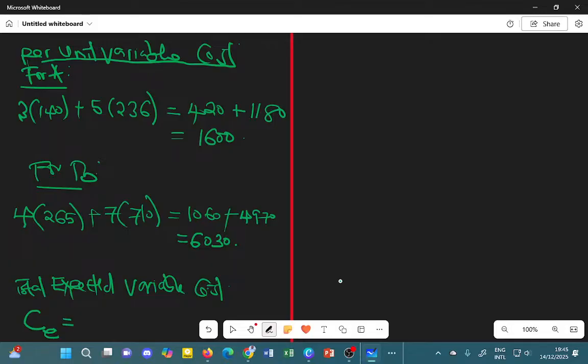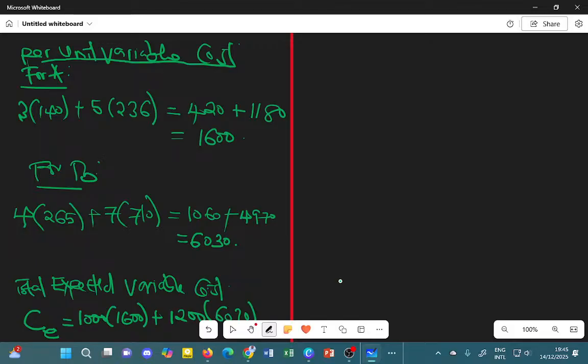Total expected cost would then be 1,000, which we worked out, times 1,600 that we just worked out, plus 1,200 times 6030 that we have just worked out.